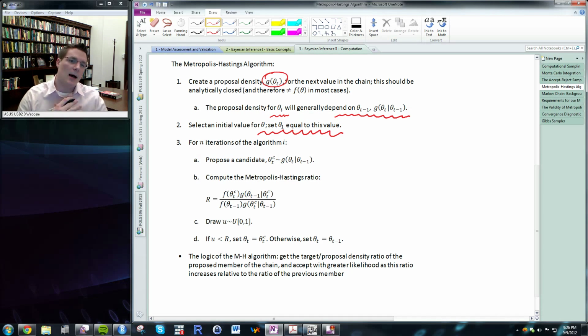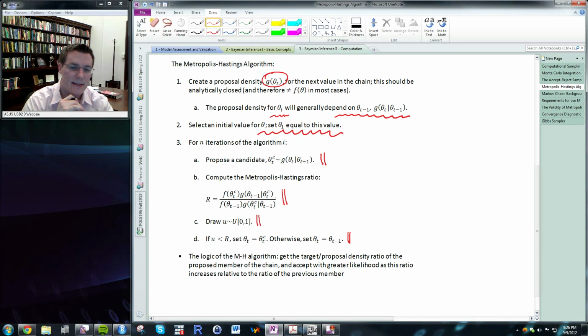And then, for as long as I want to make this chain, I repetitively propose a candidate out of the proposal density, compute the Metropolis Hastings ratio, draw a sample of one, just one sample, out of a uniform density between 0 and 1, and I make the next element of the chain one of two things. It's either my candidate or the past value of the chain. Those are the two possibilities.